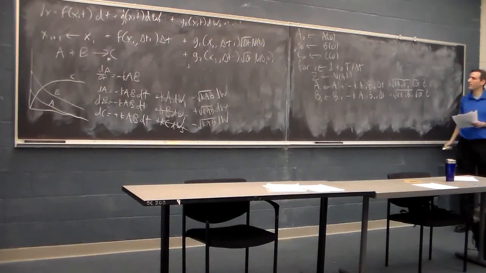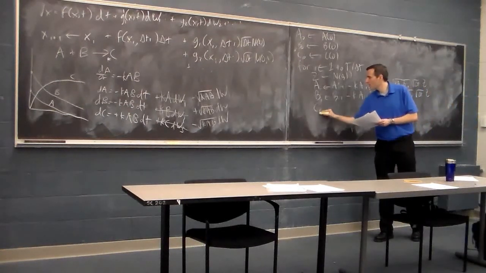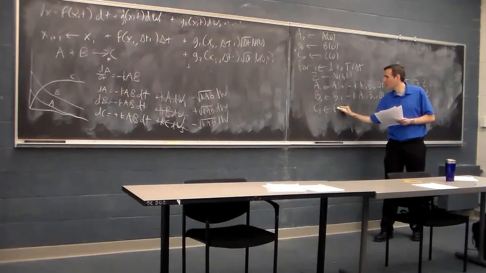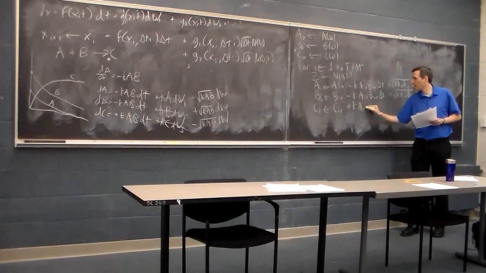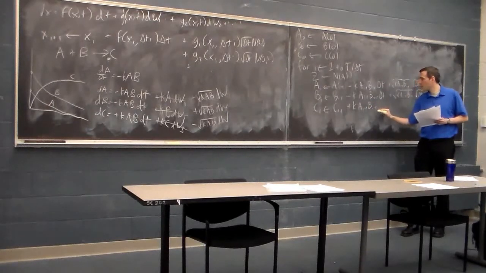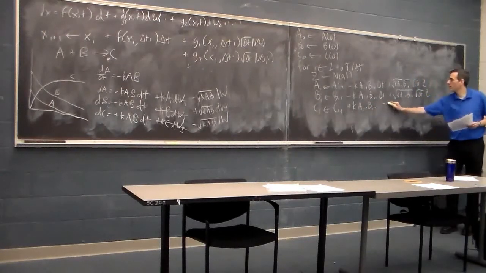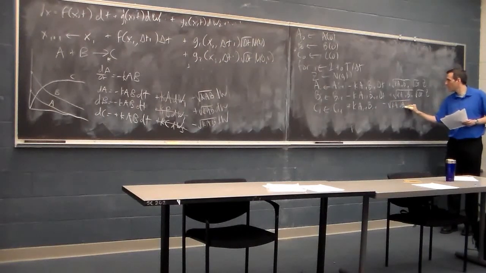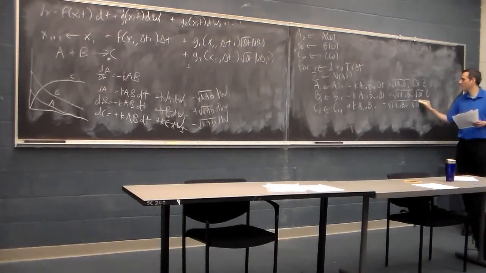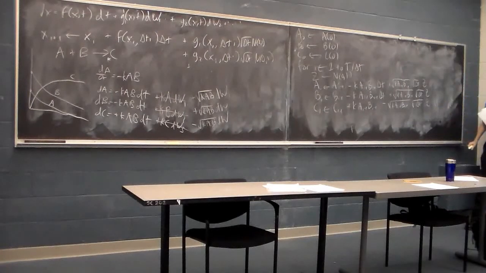We're just sampling it once. And then we would do almost the same thing for c. So c_i gets c_{i-1} plus k, a_{i-1}, b_{i-1}, delta t, minus square root of k, a_{i-1}, b_{i-1}, square root of delta t, z.